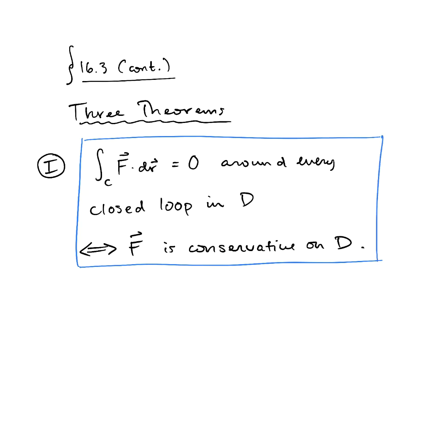The rationale for the theorem is that if you have a closed loop like that, well, you could break it up somewhere in the middle, and you could name that point A and that point B. And think of your closed loop as two separate curves.